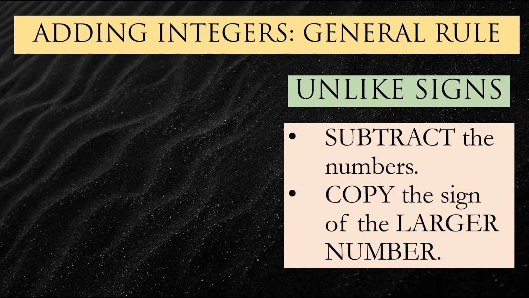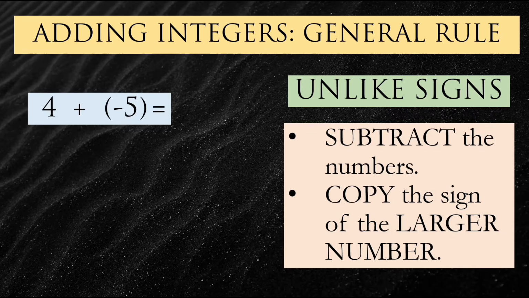So for the unlike signs, we have to subtract the numbers and then copy the sign of the larger number. For example, 4 plus negative 5. So basically, we're adding positive 4 and negative 5. And then subtract the numbers regardless of the sign.